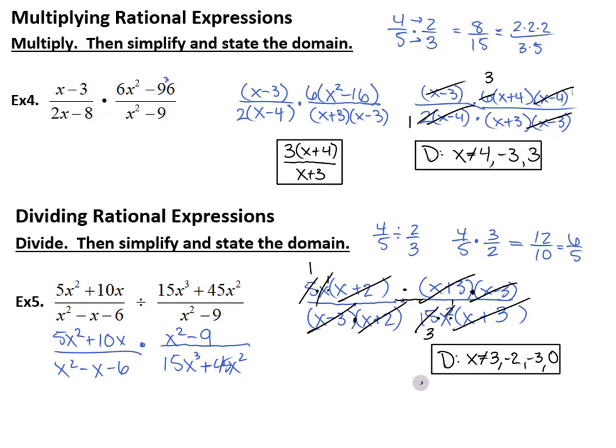And wow, what a big mess. But I think up top, the only thing we have left is a 1. And in the bottom, we have a 3 and x to the first power. 1 over 3x.